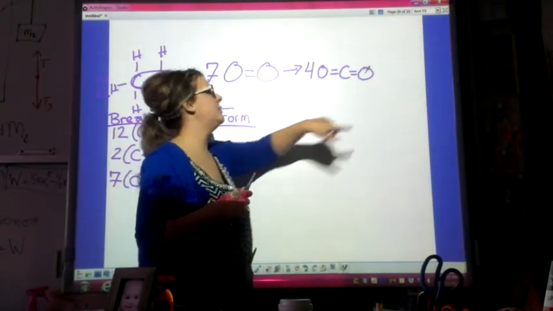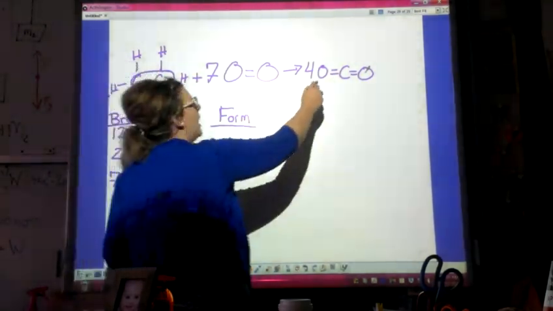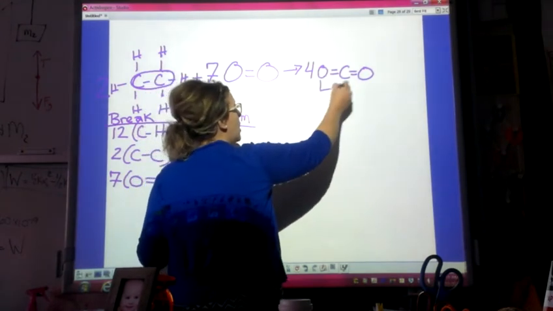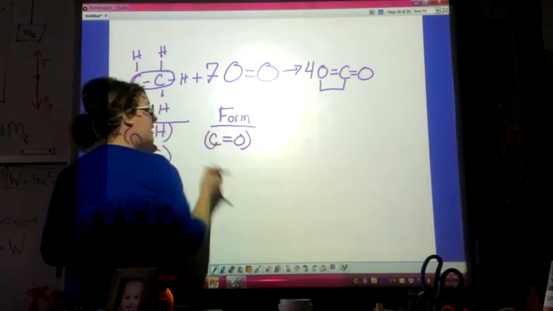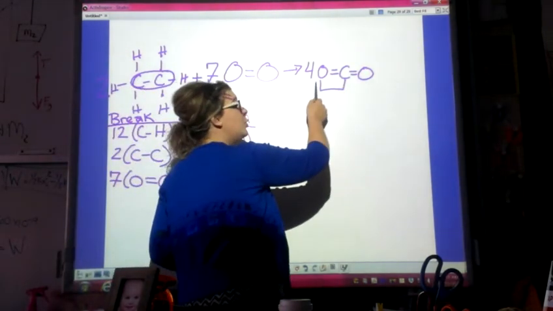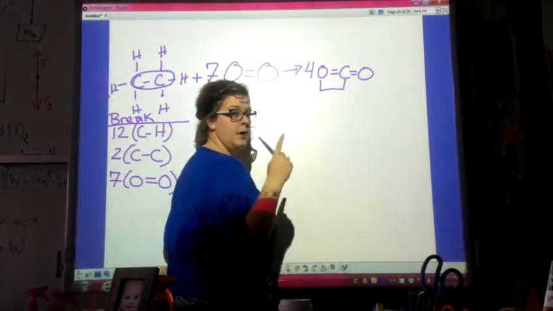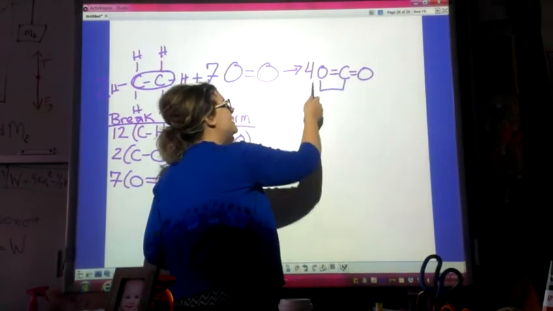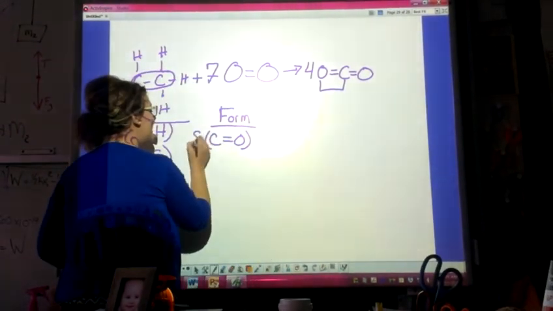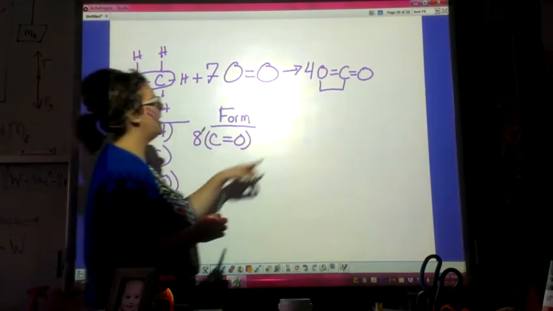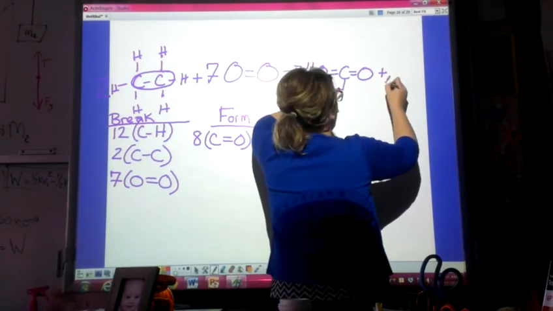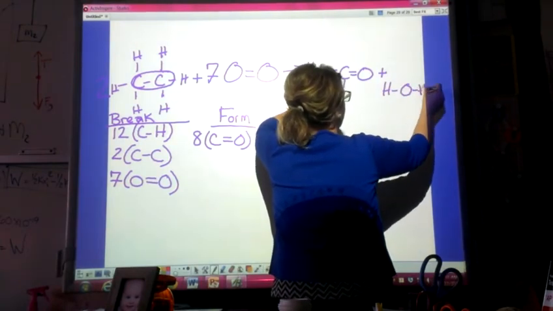So I have 4 carbon dioxide molecules. So I'm forming a carbon-oxygen bond. But how many am I forming? Well, I actually form 2 for every 1 carbon dioxide molecule, but then times 4, so I'm really forming 8 carbon-oxygen double bonds. And then I produce carbon dioxide, but I also produce water, so HOH here.